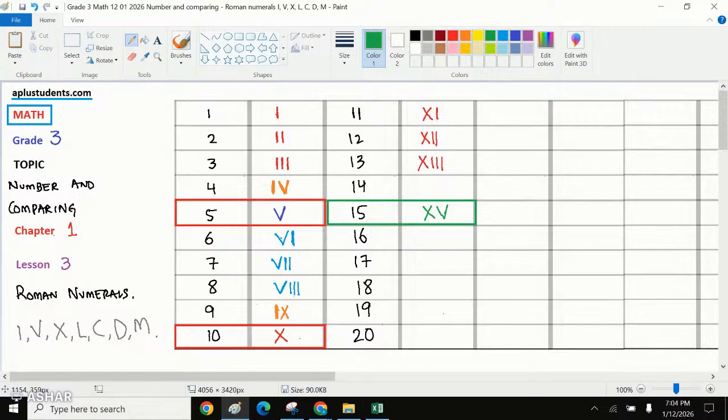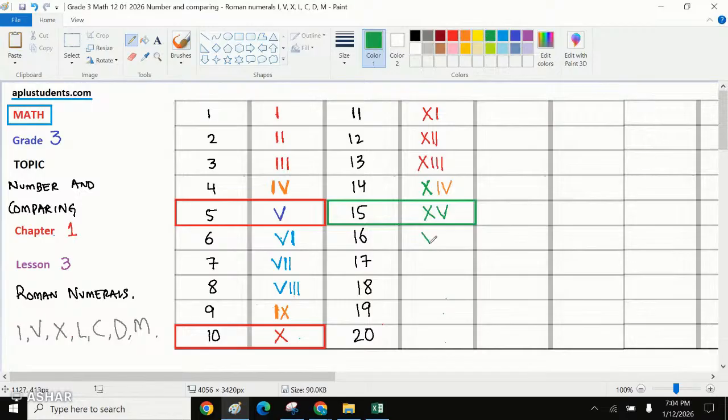Do we agree on this? In the same way, for 14 we write 10 and 4. Do we agree? 10 and 4, 10 and 5.